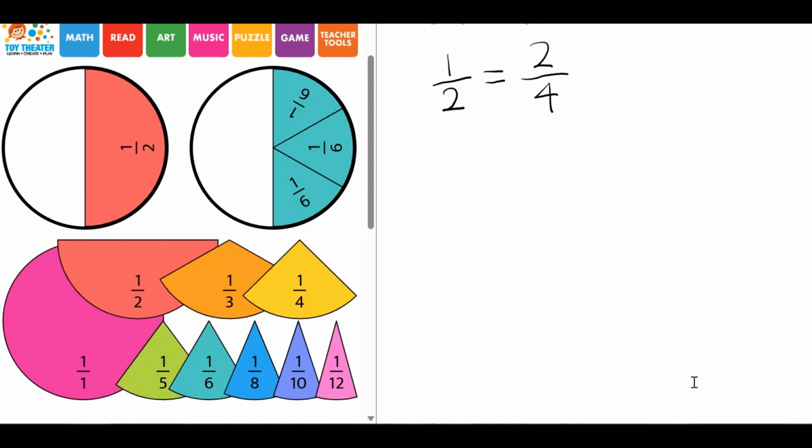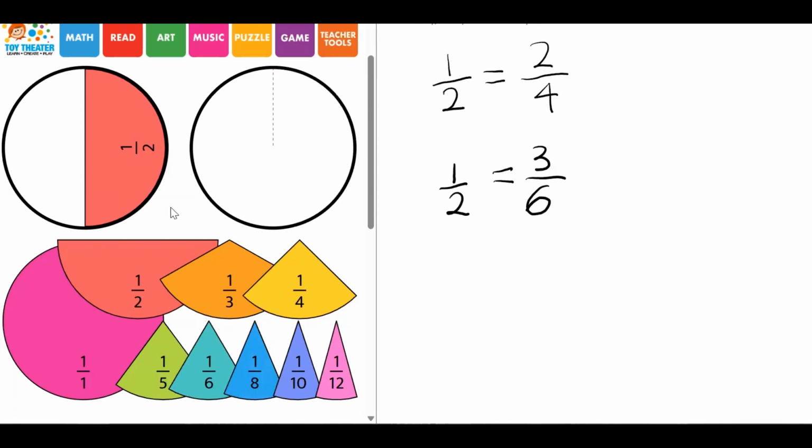So I can also write half is equivalent to 3/6, because there are 3 pieces of 1/6. Now let's try to find one more. So maybe now let's try to use 10.